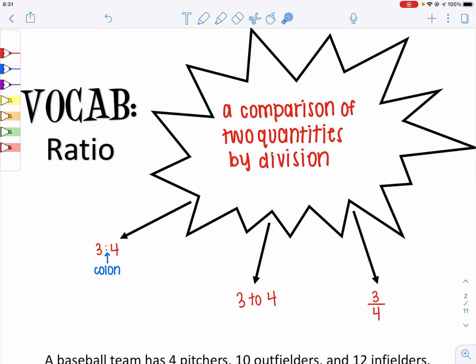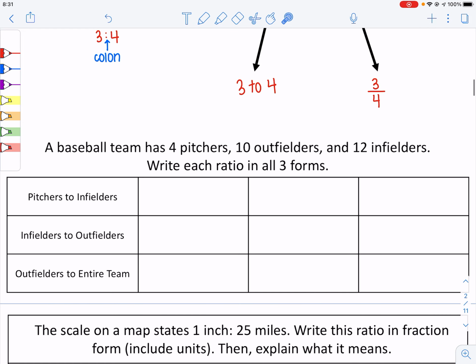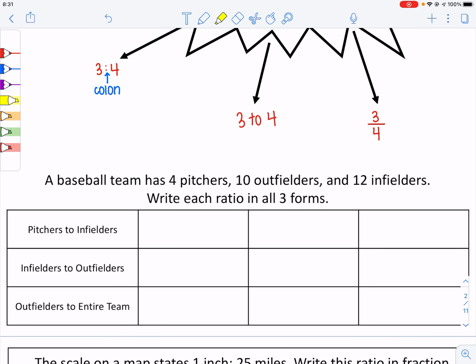Okay, let's go ahead and try some examples together. Down here, we're talking about a baseball team. This baseball team has 4 pitchers, 10 outfielders, and 12 infielders. I want you to write the ratio in all three forms. I give you the first one: pitchers to infielders. Please pay attention to the order they're asking you to write the ratio in.